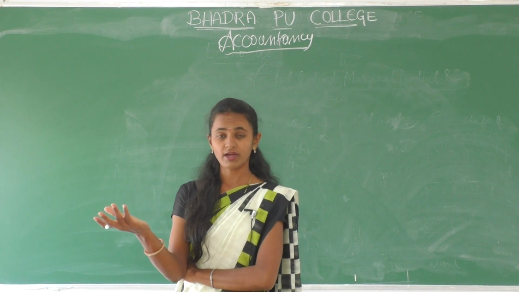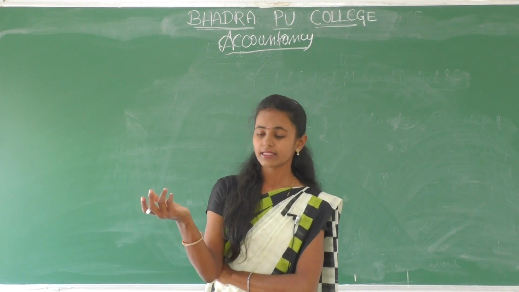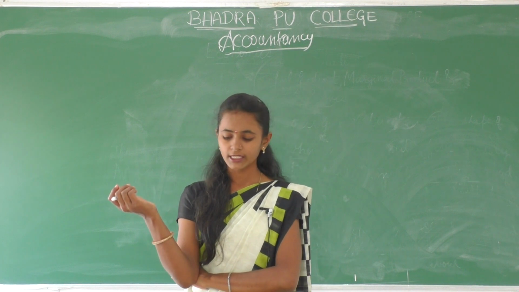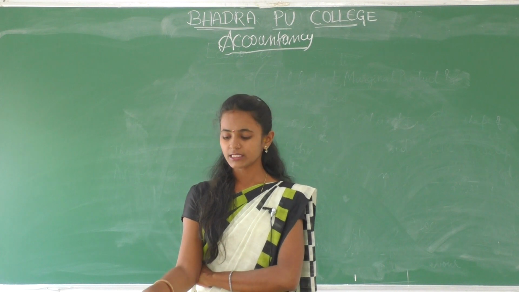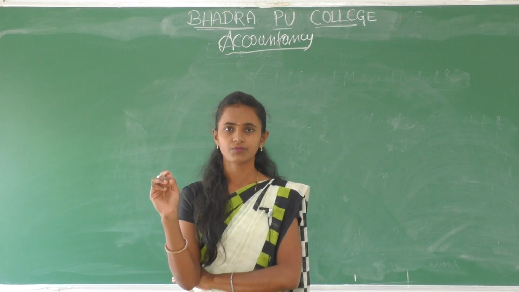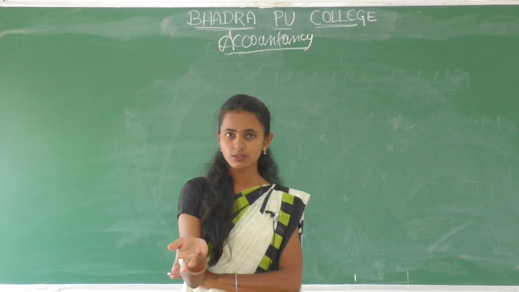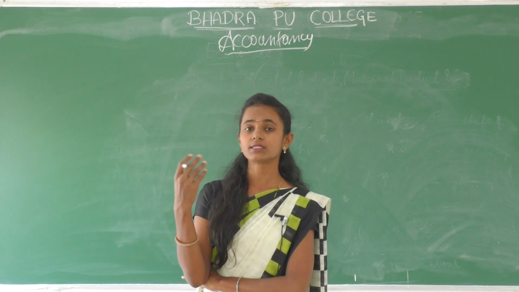Finally we have total assets: in 2014 it's 32,50,000 and in 2015 it's 41,50,000. Based on this information we need to prepare a common size balance sheet.